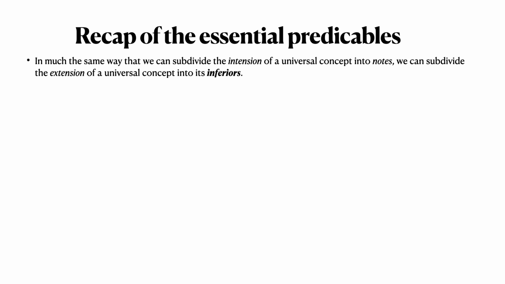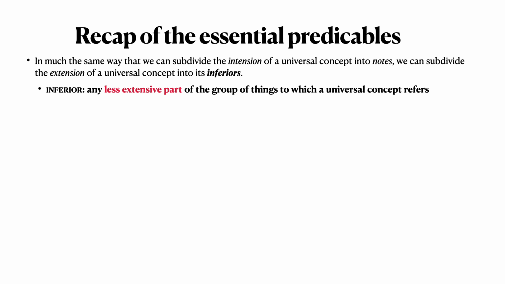But we've learned that in much the same way that we can subdivide the intention of a concept into smaller pieces that we call notes, all of them elements of meaning, we can also subdivide the extension of a universal concept into lots of smaller pieces that we call inferiors. So we've defined an inferior as any less extensive part of the group of things to which a universal concept refers.